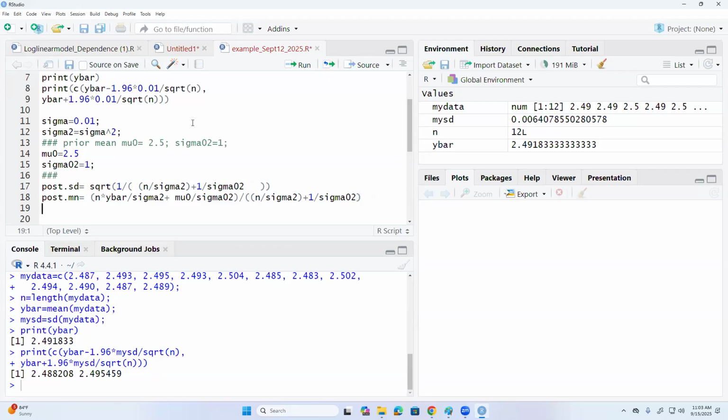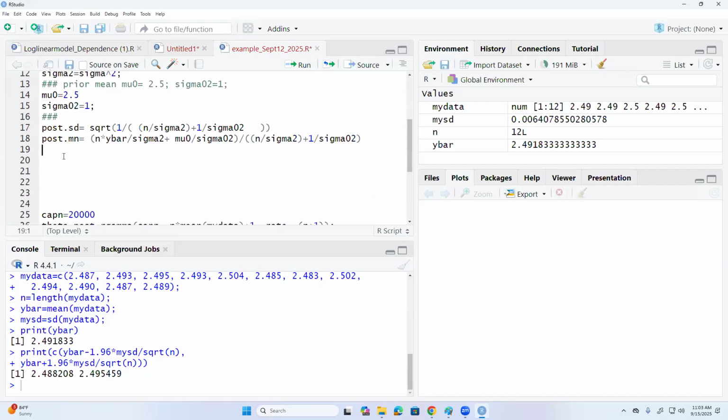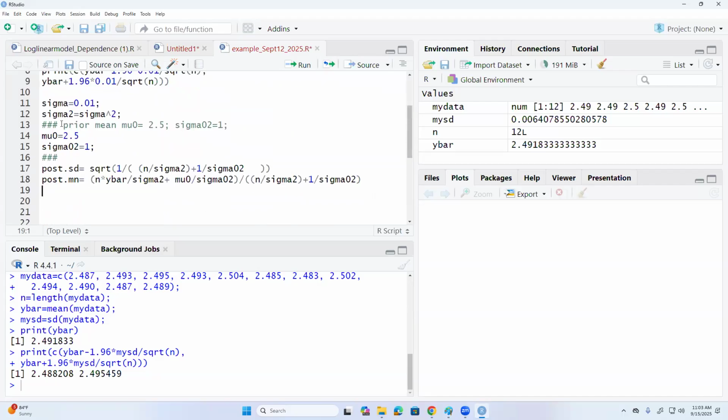Right? This is the posterior distribution.